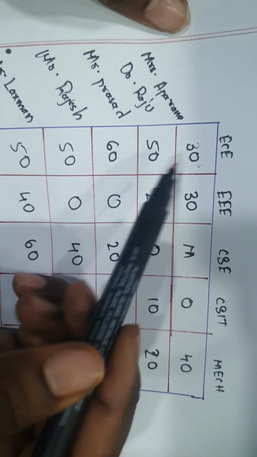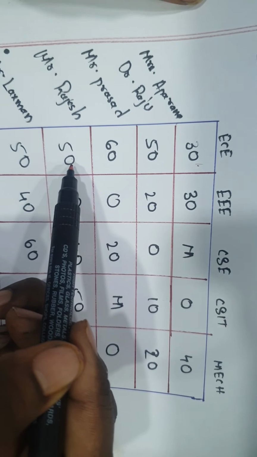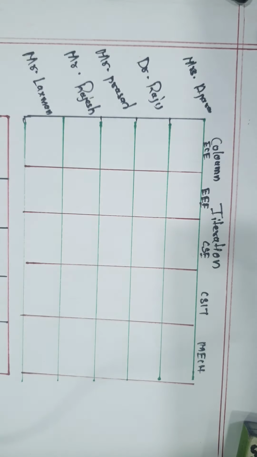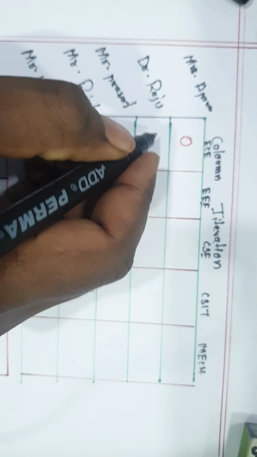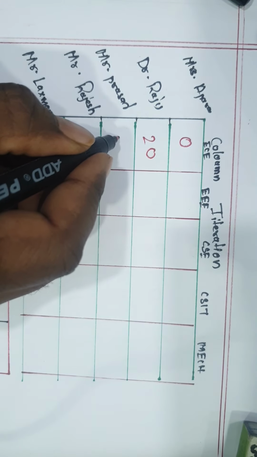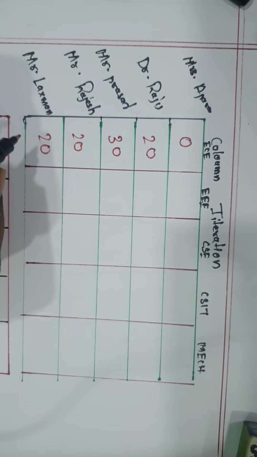30. So 30 minus 30, 50 minus 30, 60 minus 30, 50 minus 30, 50 minus 30. So 30 minus 30, how much will it become? 0. So here the first one is 0, next one is 20, next one is 30, next one is 20, next one is also 20.